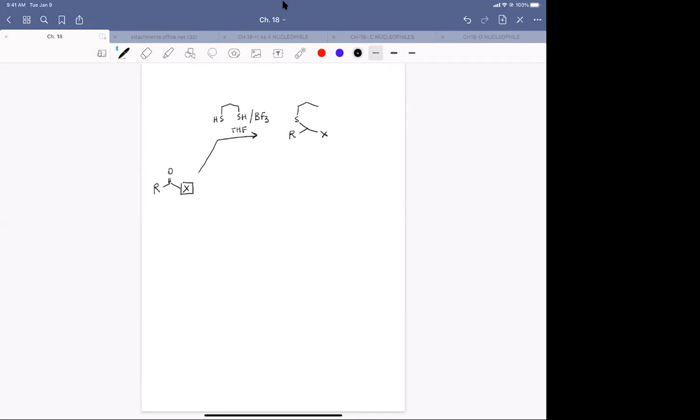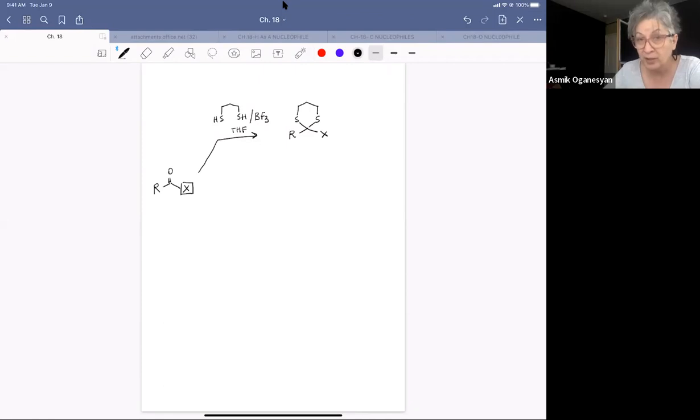This time it will be 1,3-dithiane. And then from here, you can proceed. It's a really good synthetic tool.